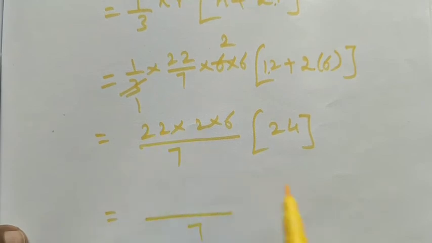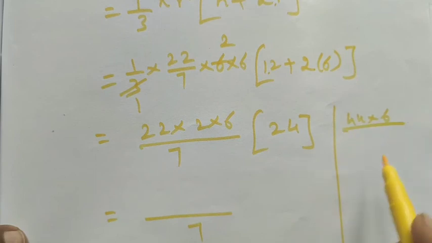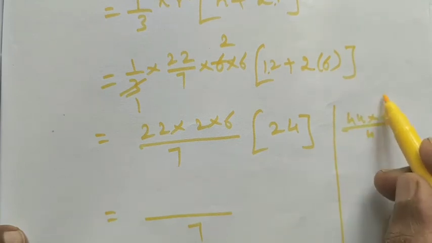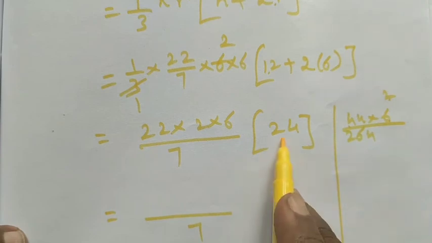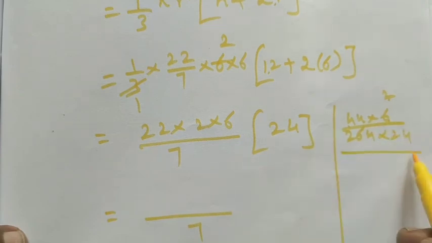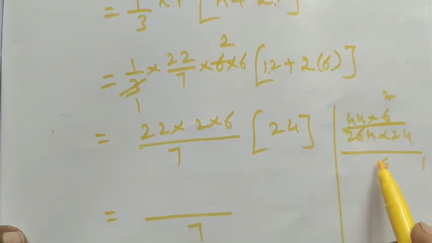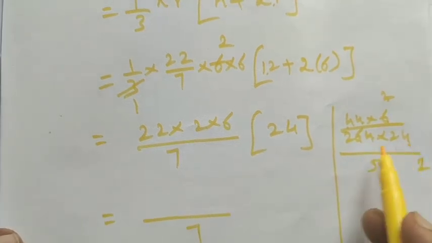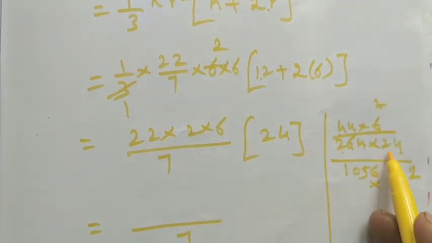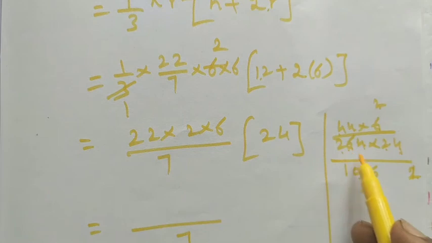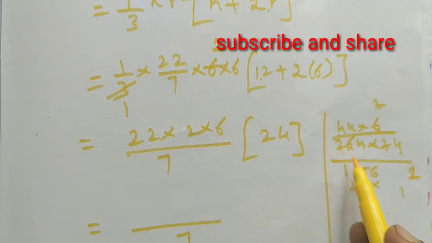We get 22 into 2 is 44. 44 into 6, 6 4s are 24, 6 4s are 24 plus 2 is 264. 264 into 24. 4 4s are 16, 6 remainder 1. 4 6s are 24 plus 1 is 25, 5 remainder 2. 4 2s are 8, 8 plus 2 is 10. And then 2 4s are 8, 2 6s are 12, 2 remainder 1. 2 2s are 4 plus 1.